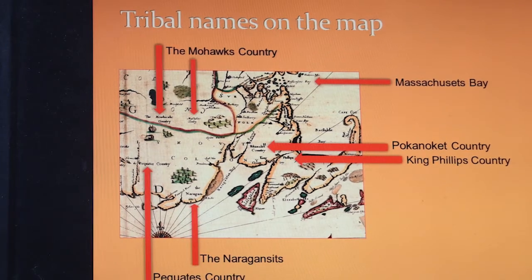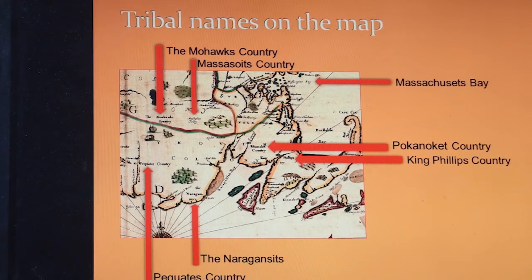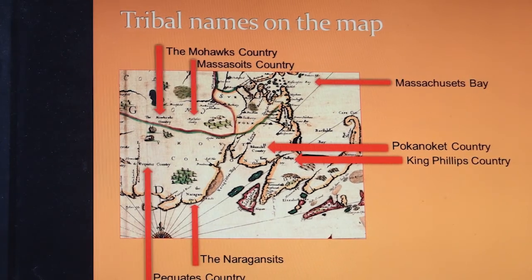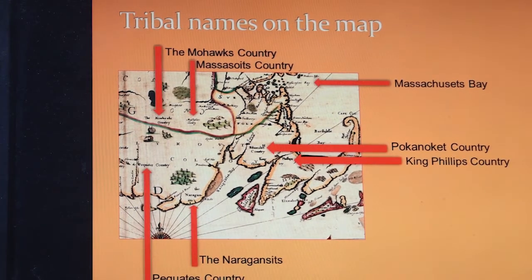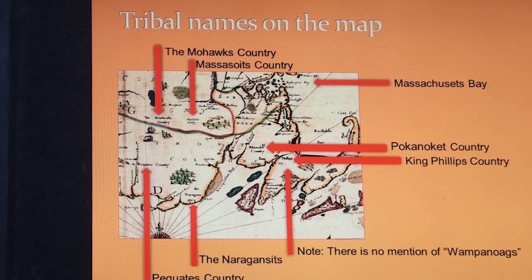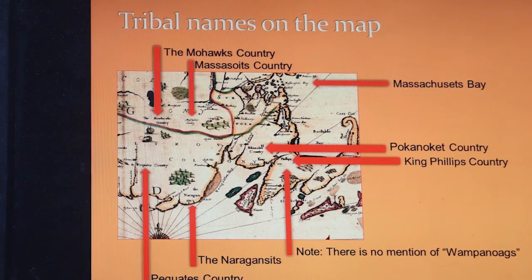Notice in the upper left we see the designation for Massasoits Country. We presume that has to do with the fact that the Massasoit who led the Pokanokets was also known to visit the Brookfield area of Massachusetts. Note that there was no mention of Wampanoag anywhere on the map in 1675 because that name didn't exist till after the war.